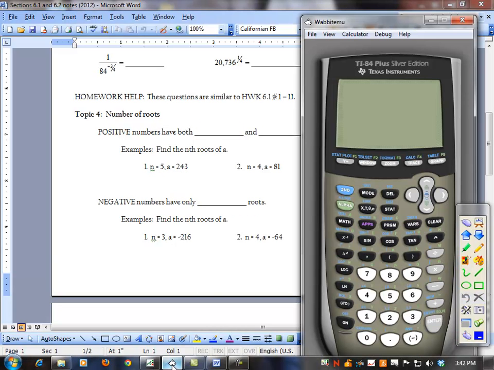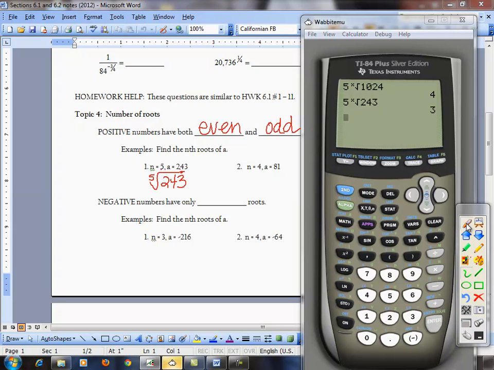I go 5, back to math, and I want that x root, which is number 5, the 5th root of 243, and I get 3. Now here's what this says. This says that if I multiply 3, 1, 2, 3, 4, 5 times, I should be able to get 243.